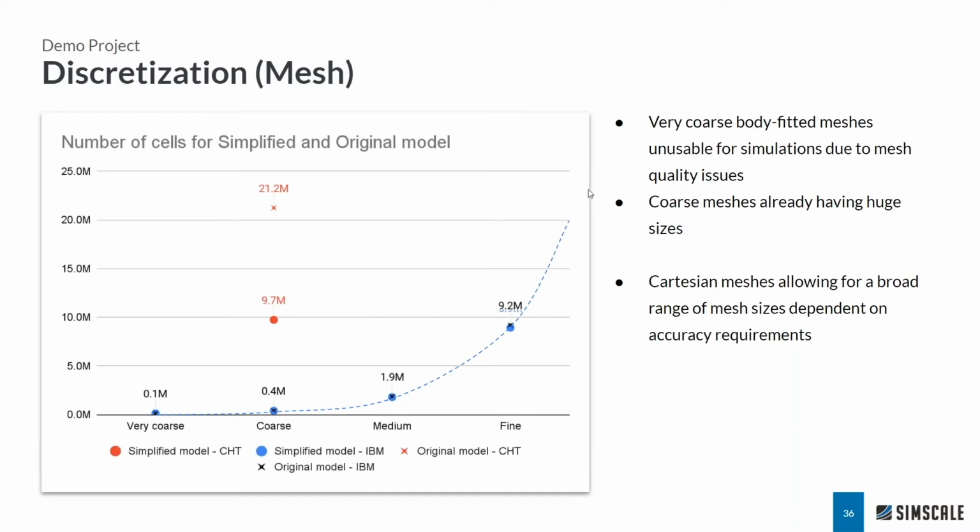Obviously, we can go even further, but I think this gives an impression of what you can already do up front and how you can be much faster by running some coarse and rough simulations early compared to this very detailed and high-level mesh. And you can also see that the difference between the original and simplified model mesh is really little, right? I mentioned it's below 3%, so the mesh sizes are almost the same, while for the body-fitted meshes, it was almost double.